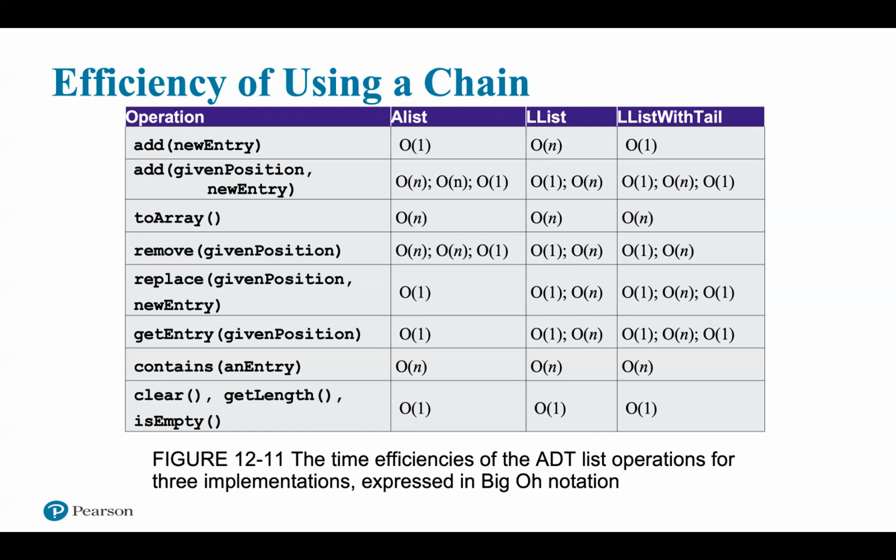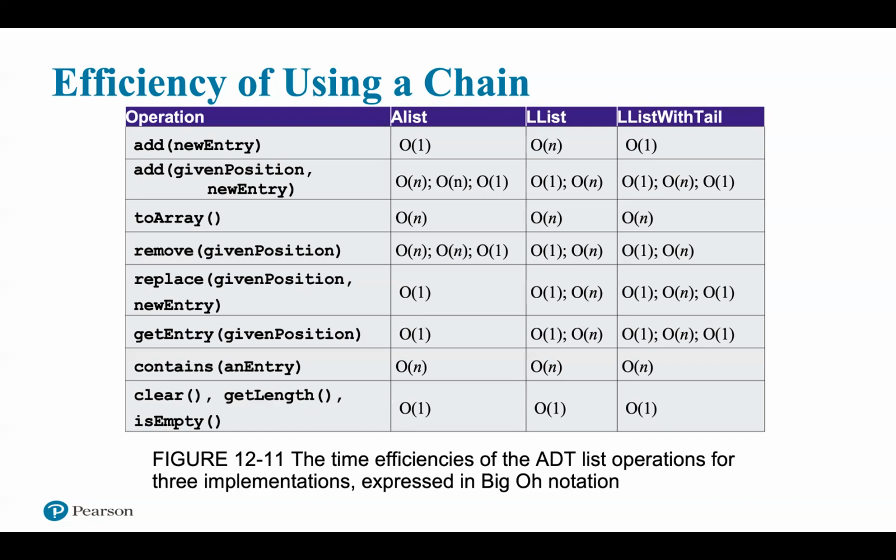The add method, as given in segment 12.23 for the class LList with tail, can add an entry to either the beginning or the end of the list in big O of 1 time. Note that getNodeAt is not called in these cases. For other additions, getNodeAt requires big O of n time.